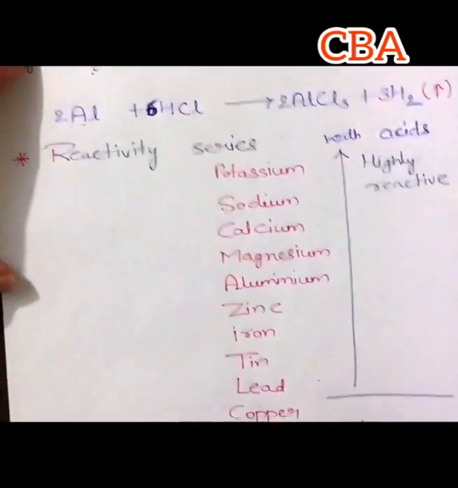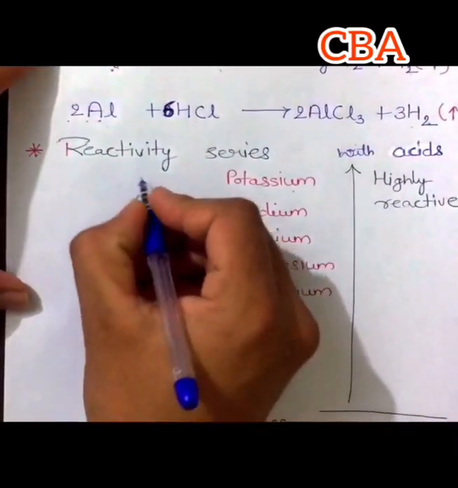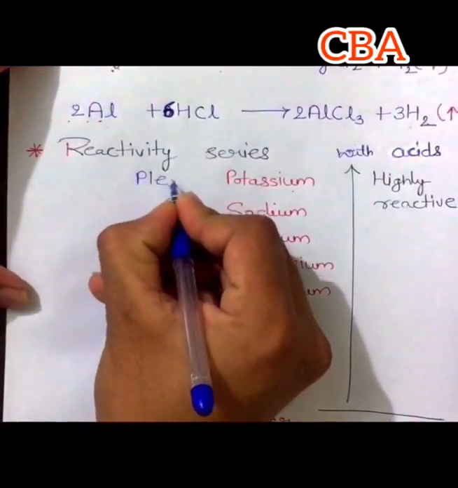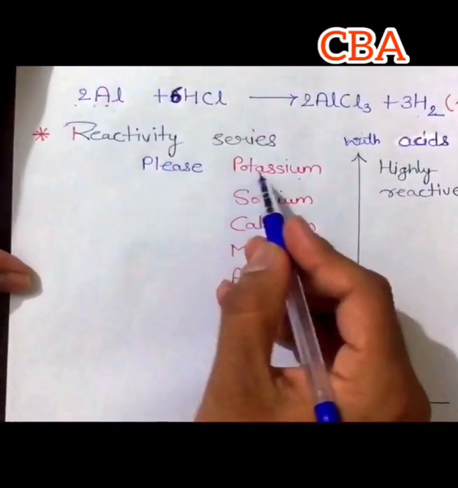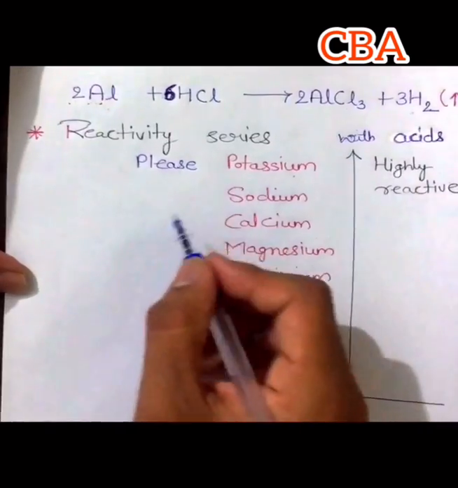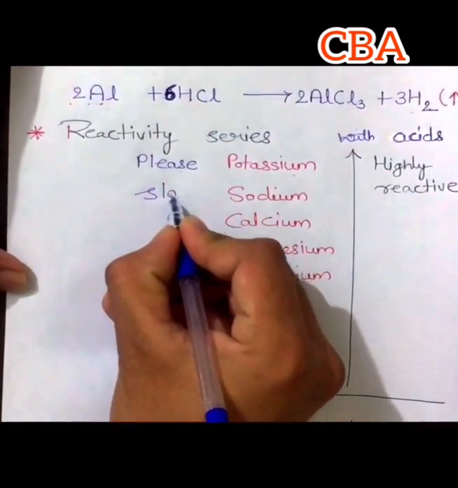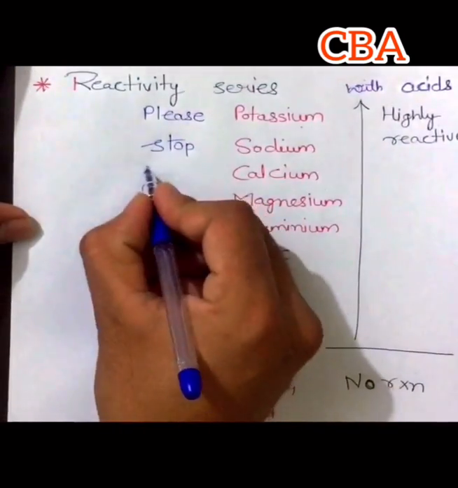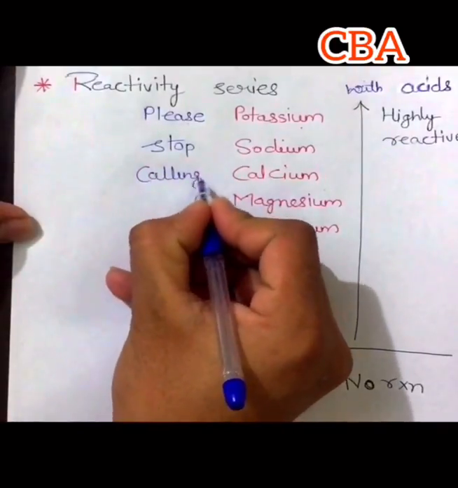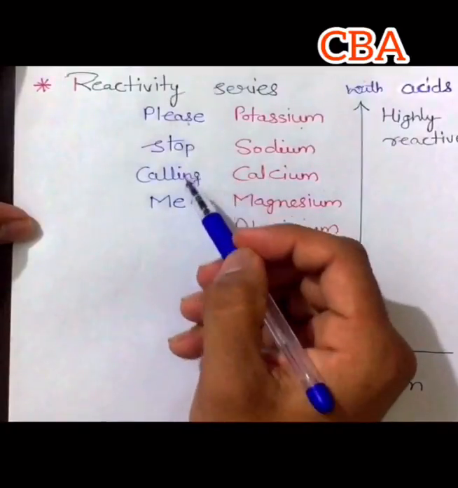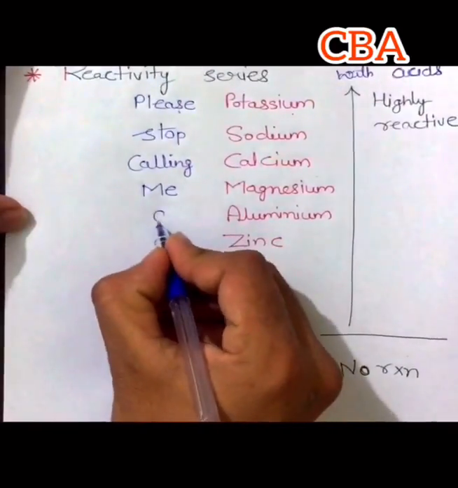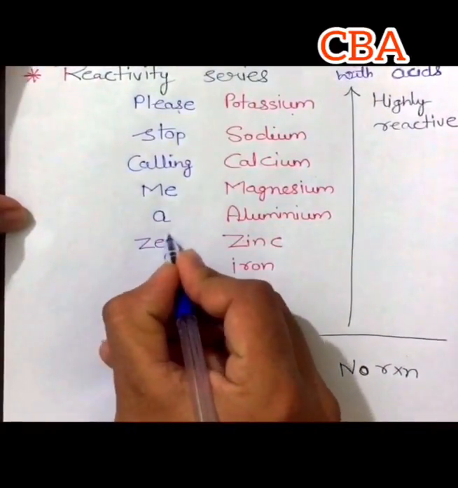Let's see. For potassium we'll use please. P for potassium. Please stop calling me a zebra.